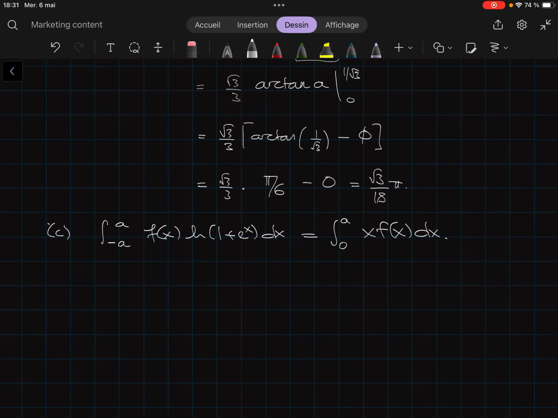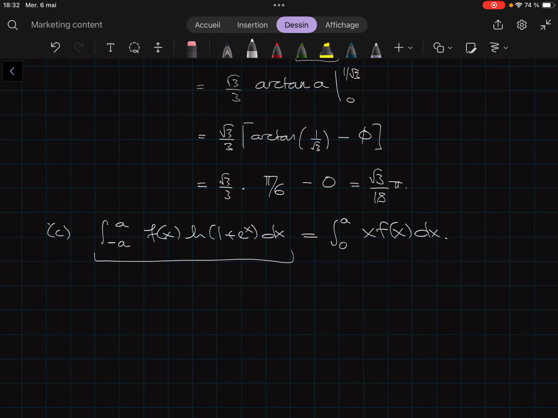It feels like we need to do some sort of substitution. And also, my gut instinct is that we are going to separate the integral from the left-hand side. So we are going to split up into two parts.